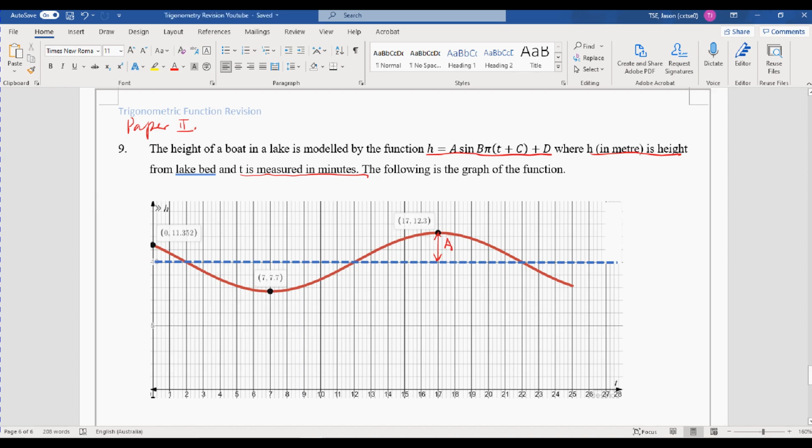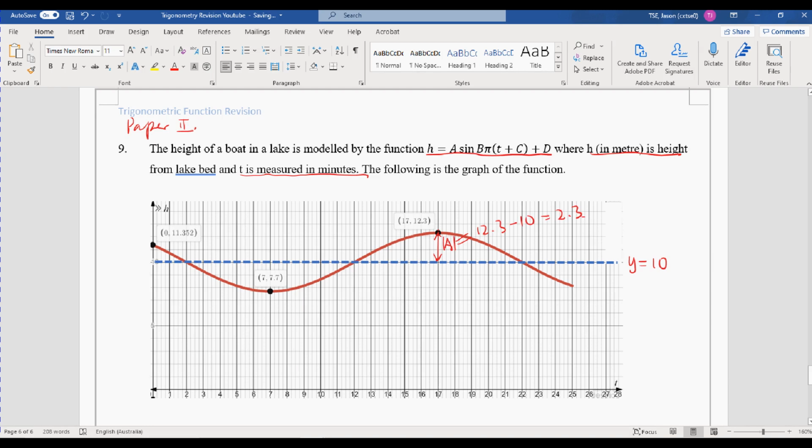You see the middle line is obviously y equals 10, and the highest value is 12.3, right? So the amplitude is 12.3 minus 10, which is 2.3. Remember, this is the absolute value of A.